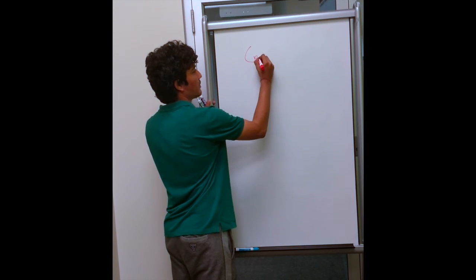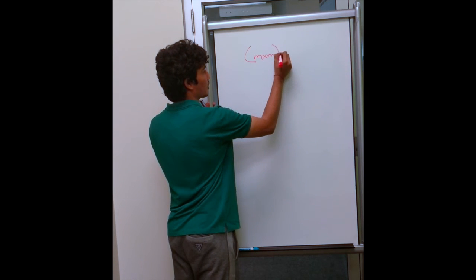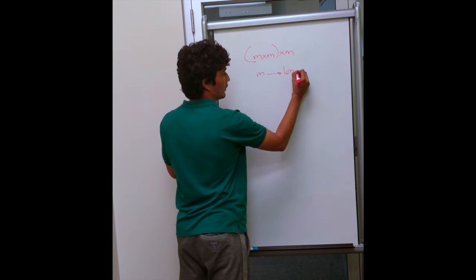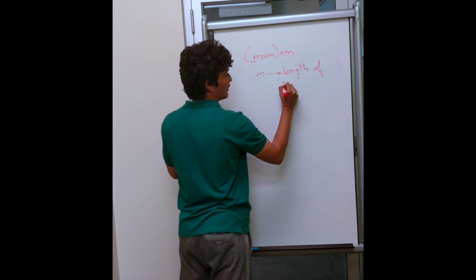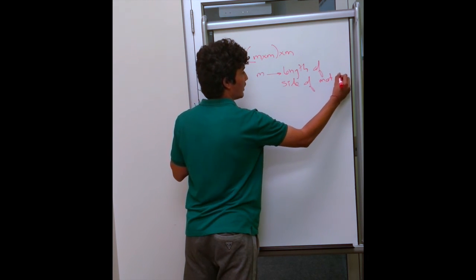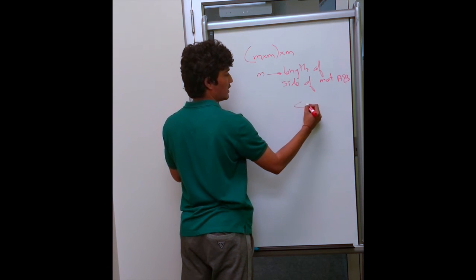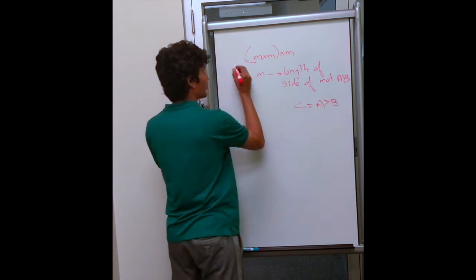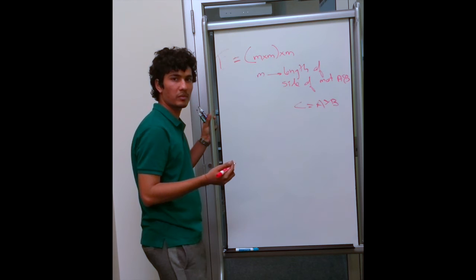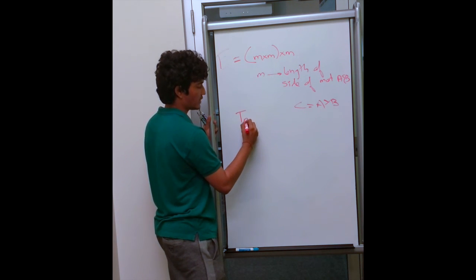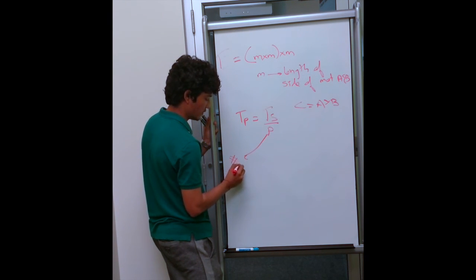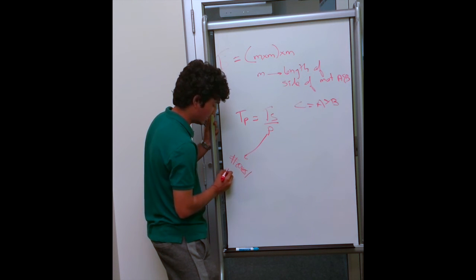Matrix multiplication takes time of the order of m cross m cross m, where m is the length of the side of matrices A and B, and C is equal to A cross B. Let me call the serial time Ts. From the previous analysis, we found that the parallel time was Ts divided by P, where P is the number of cores or threads.